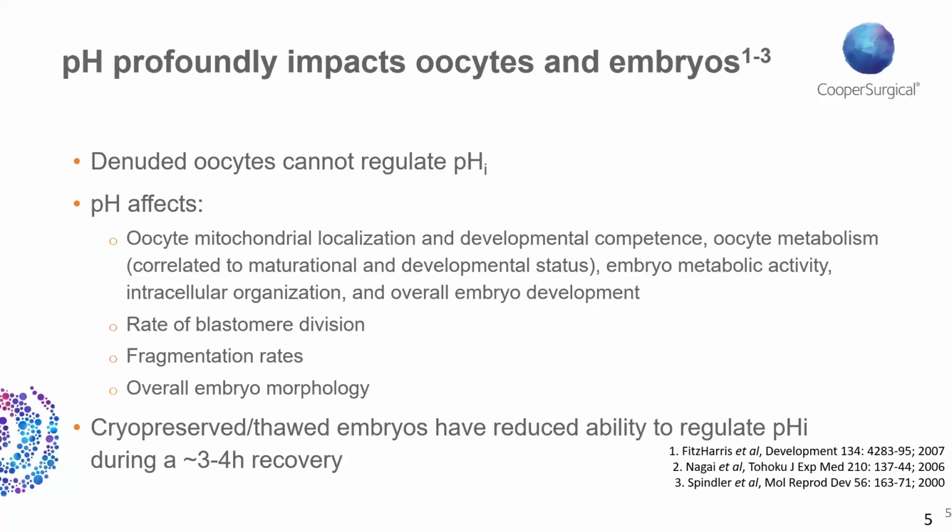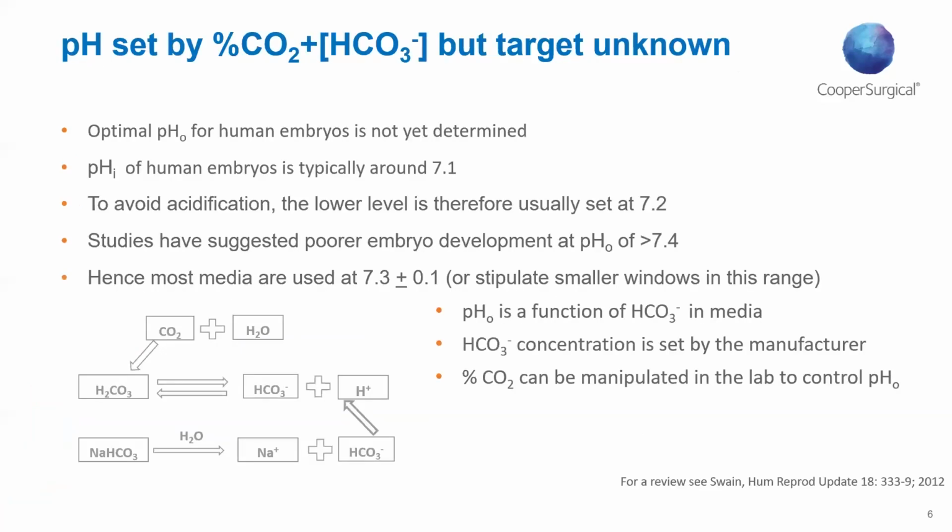Question I'm often asked when I'm visiting labs is, should my warmed embryos go directly into embryo transfer media, or should I put them into culture media beforehand and then transfer them into embryo transfer media just before the embryo transfer process? What this demonstrates is that it's important, whatever you do, that the medium that the embryo goes into after warming is properly equilibrated and properly controlled for pH.